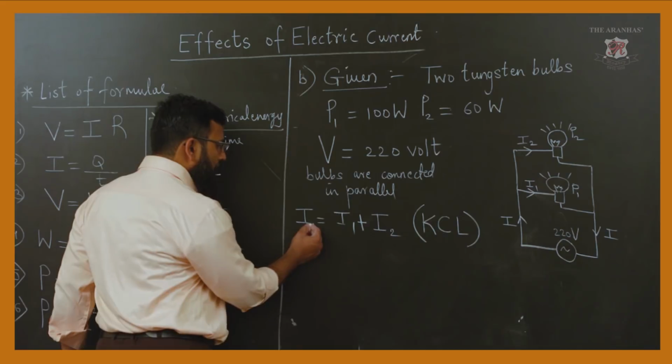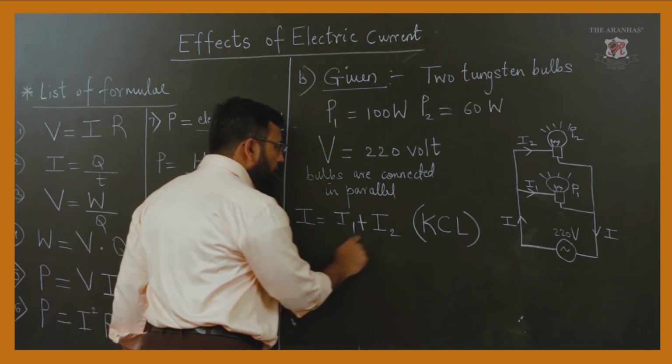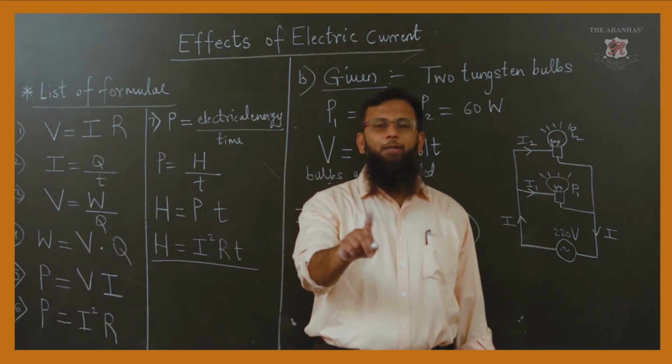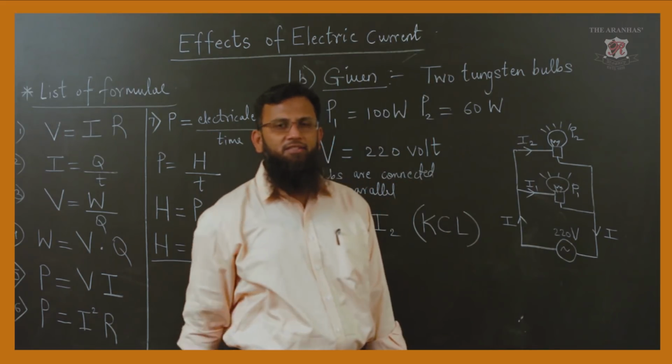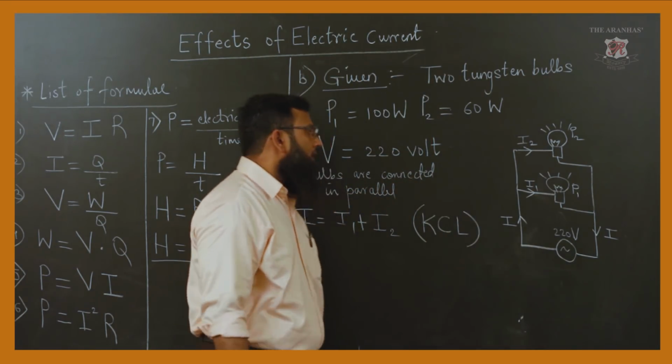So, the total current applied will always be equal to the algebraic sum of all the currents flowing in the branches. I hope this is clear.